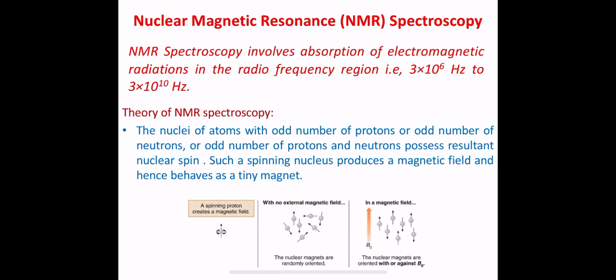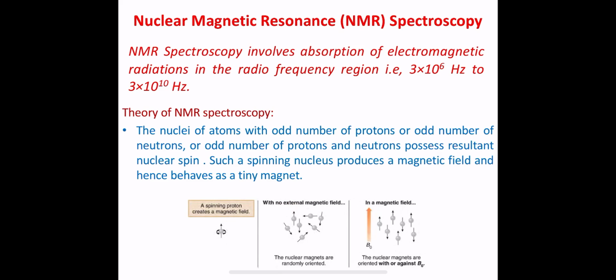Whereas as soon as the class teacher enters, all the students sit in their own places; they will not turn back or go outside. Here the class teacher is the external magnetic field that is applied, and the students can be compared to the nuclei.